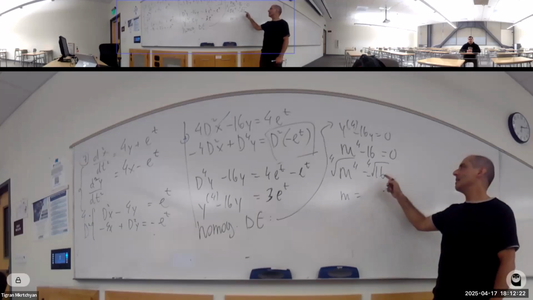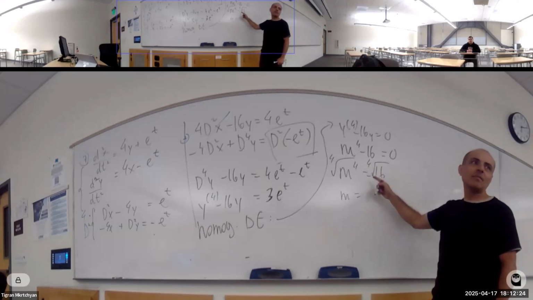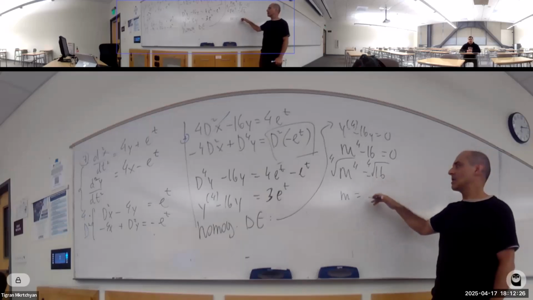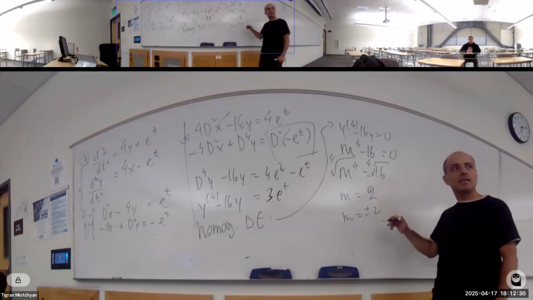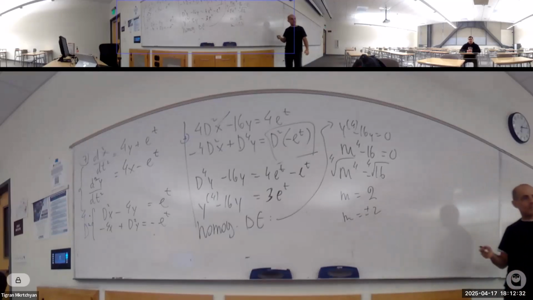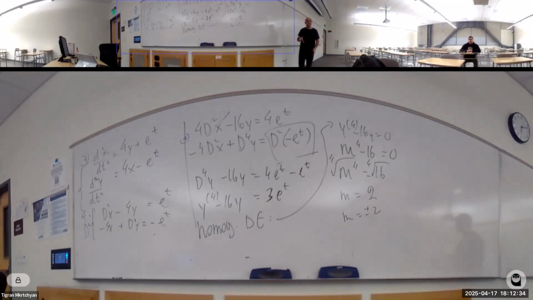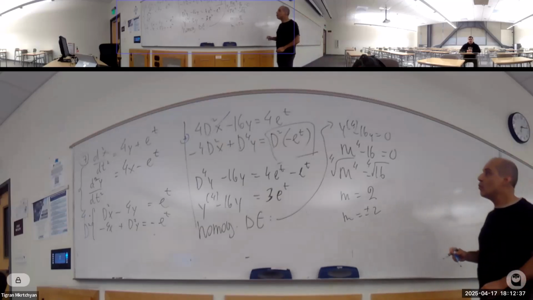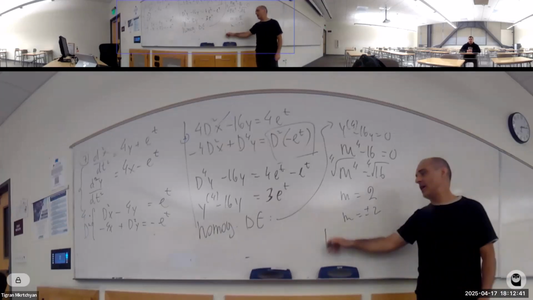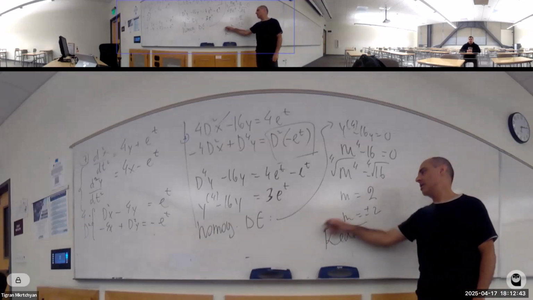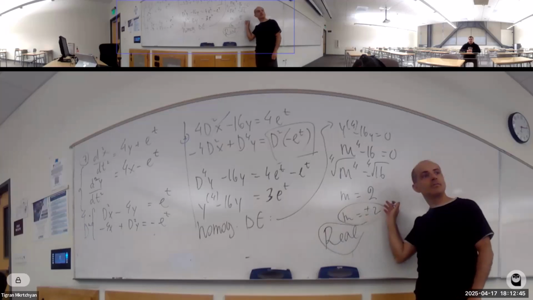Some students will say, well, this is maybe 2, because 2 to the fourth. Others will say that. But I don't want any of them. That's the problem, because you are losing complex solutions. If the question was find only real solutions, this is perfect. There are only 2 real solutions. But there are complex solutions that are lost.